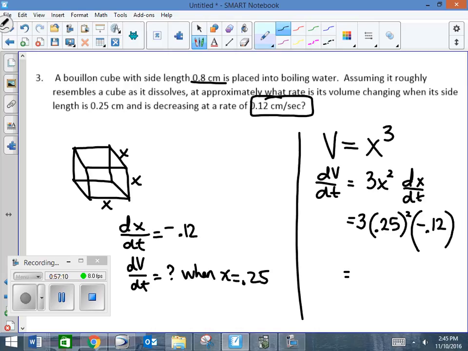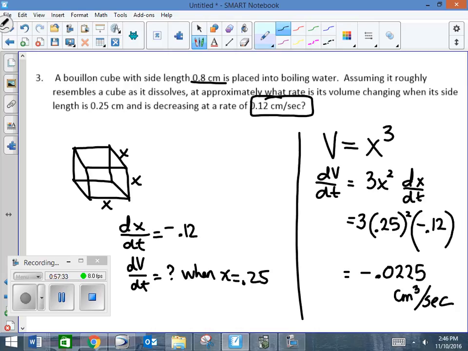Now, does it make sense that the volume is decreasing? Yes. So at what rate is the volume changing? And what's the unit? Centimeters cubed. Don't forget your units.